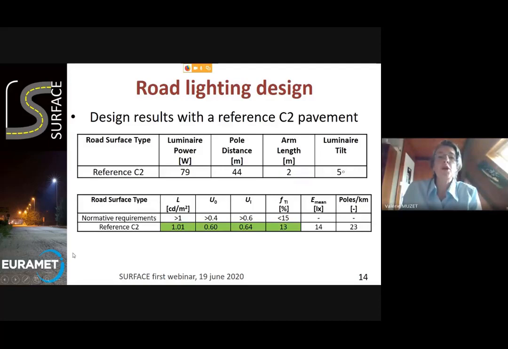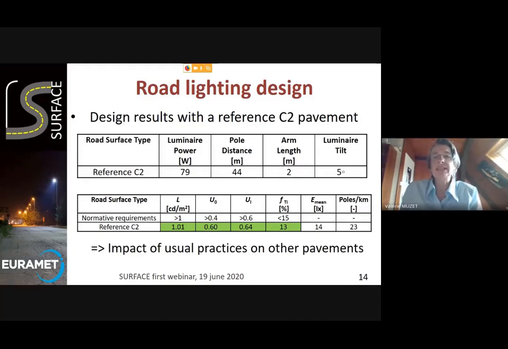So here you have the result of the calculation, and you can see that we fulfill the normative requirements for the M3 class. And then we say, okay, this is the reference calculation, but in reality, there is another pavement on the road. So let's see what is the impact of using the photometry of this pavement in the calculation.